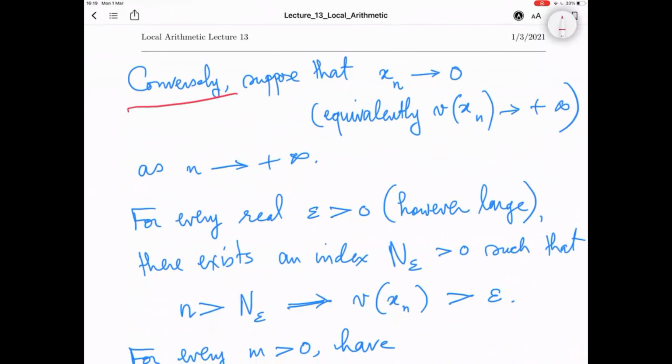So suppose that the general term tends to 0, which is the same as saying that the valuation tends to plus infinity as n tends to infinity.